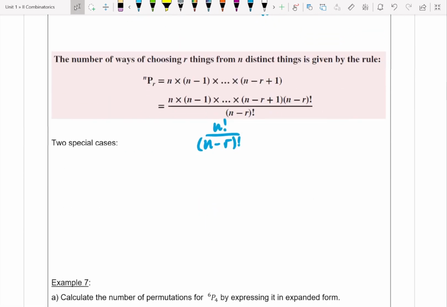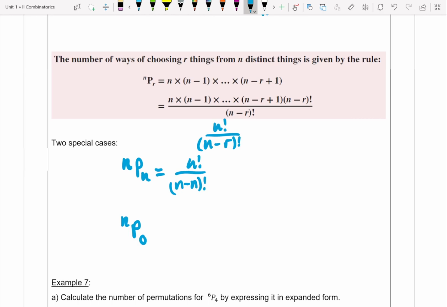The 2 special cases that we have are nPn and nP0. So if we had nPn, r is going to be n, so we'd get n factorial over n take n factorial.